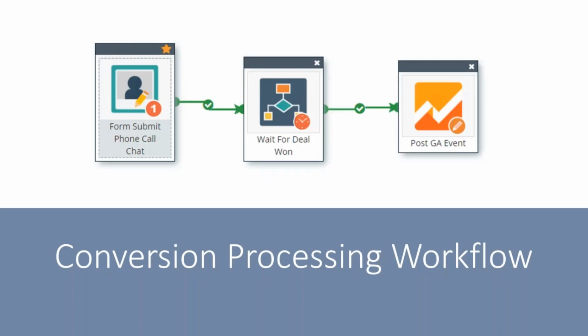For those people using ActiveDEMAND, you've seen something like this, whether it's in a custom lead processing workflow or a drip campaign. Basically, you have an event step that is triggered, for example, when a form is submitted, or if you're using one of the call tracking numbers in ActiveDEMAND.